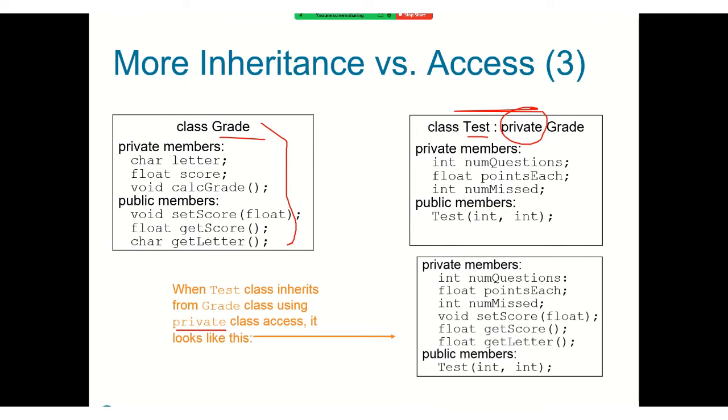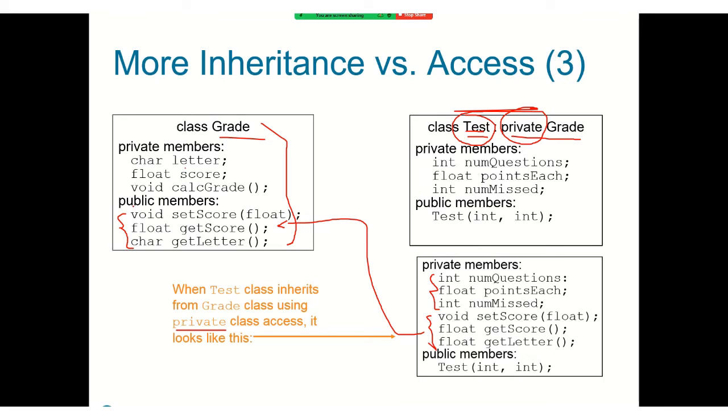So this is the test and you are inheriting grade, and when you create the object out of test, I'm not talking about the grade, the test object, it will have these six private members, meaning these three and these three, and these are coming from here.